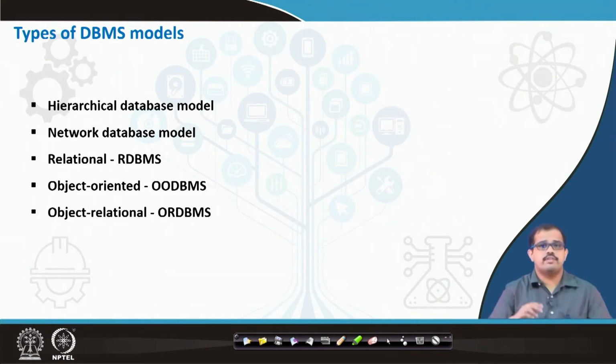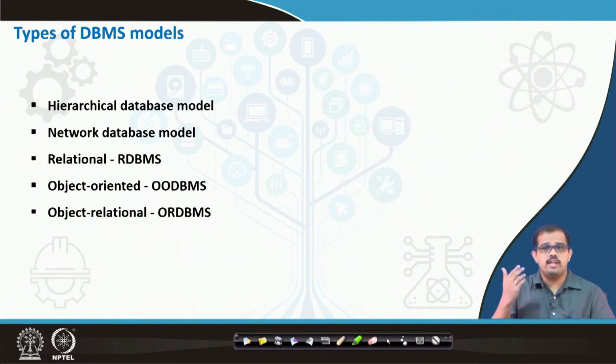When we look at the different database management models available today, there is the hierarchical database model, the network database model, and the relational database model. Then you have the object oriented database management system, and the object oriented relational database management system.